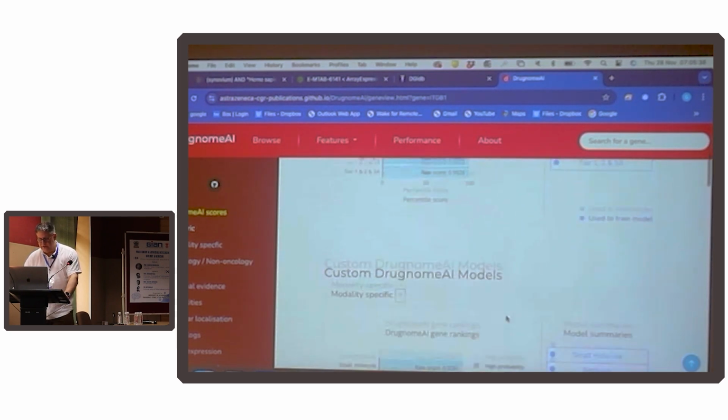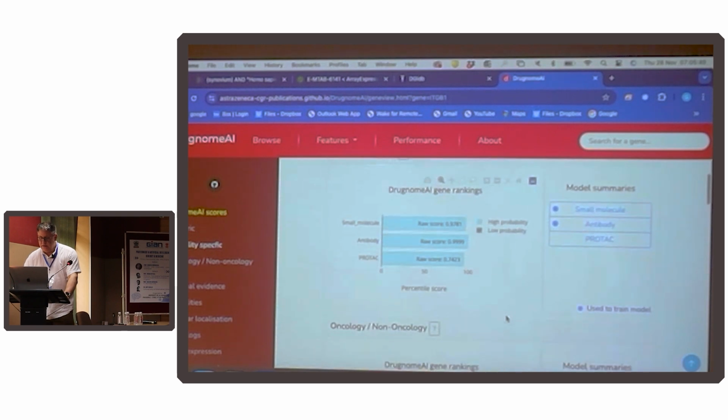We also get potential interesting areas of method for treating. So we've got small molecules that scores 97.8%, a raw score of 99.99% for antibodies. So it's clearly antibodies, we know that, we saw those earlier. And for PROTACs.